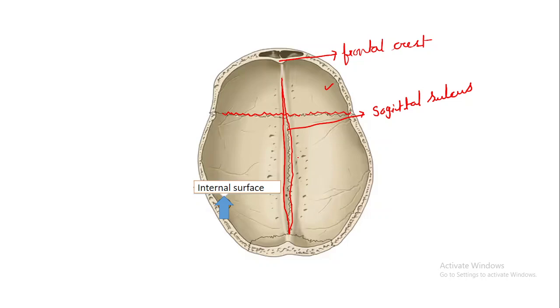These arachnoid granulations are basically outbulgings of the arachnoid membrane through the dura mater up to the skull bones, and they absorb the extra cerebrospinal fluid so that the intracranial pressure can be maintained. So these are the granular foveolae, the impressions of arachnoid granulations.